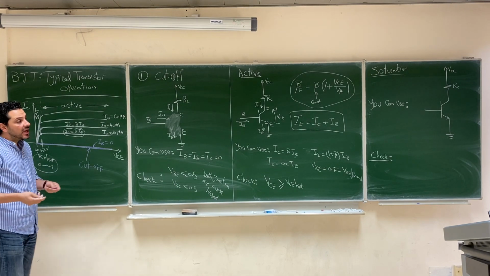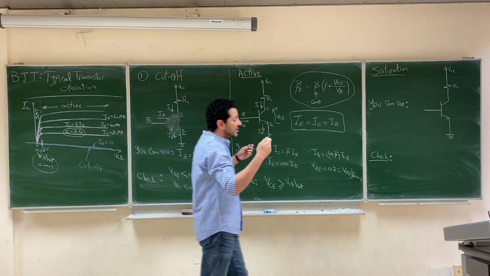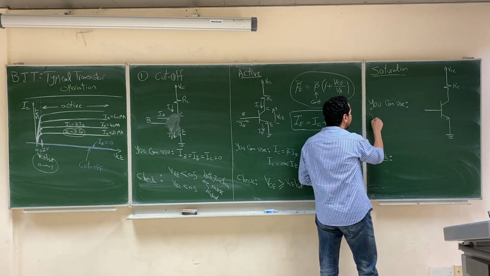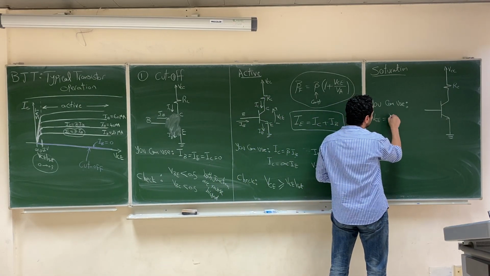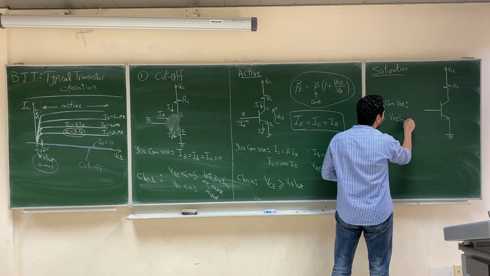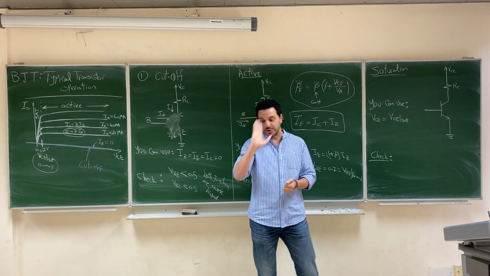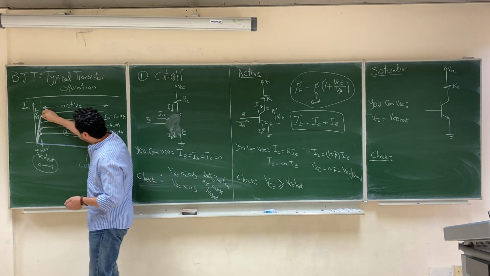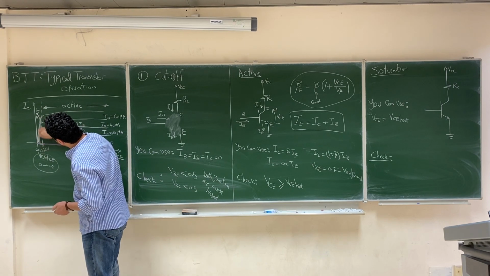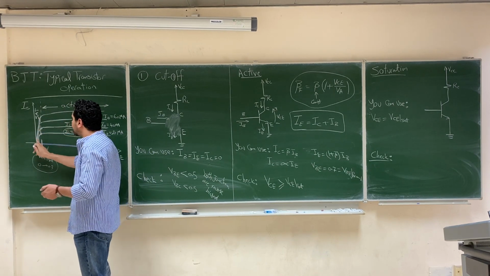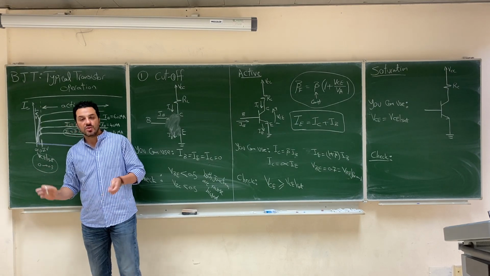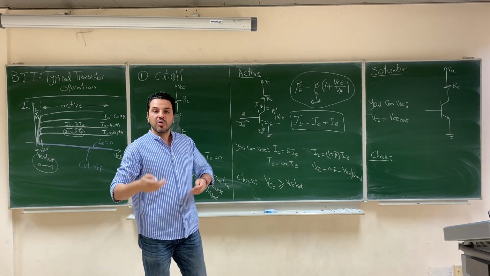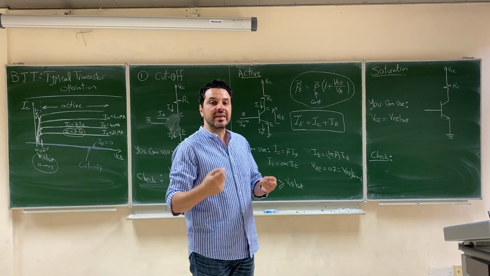However, for simplicity, we assume that VCE will be constant, which is equal to VCE saturation. Although practically speaking, it is not constant, we assume that approximately it will be like a vertical line here. It will be constant at a certain value between 0 to 0.3, and this value will be given to you, which is called VCE saturation.